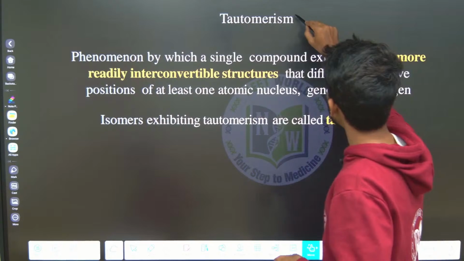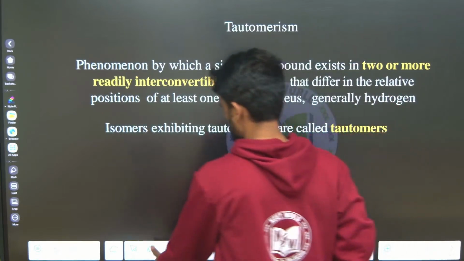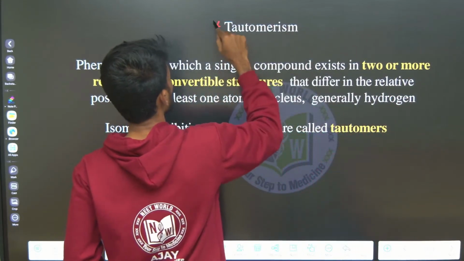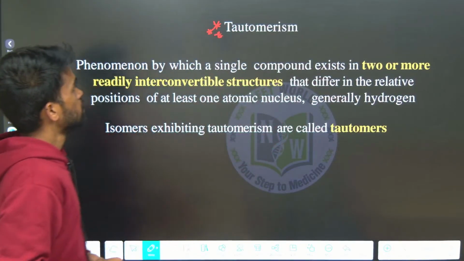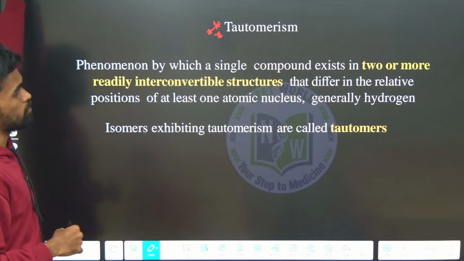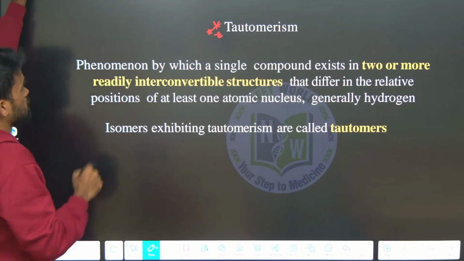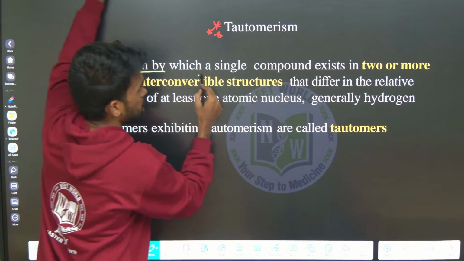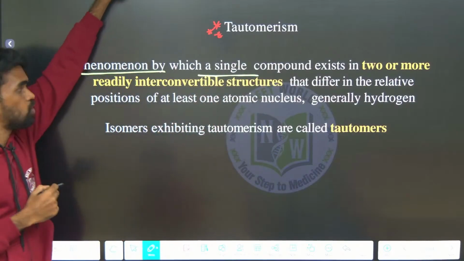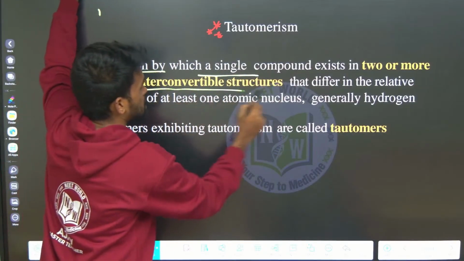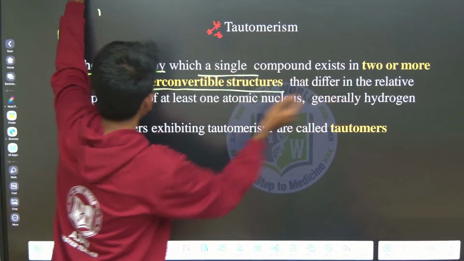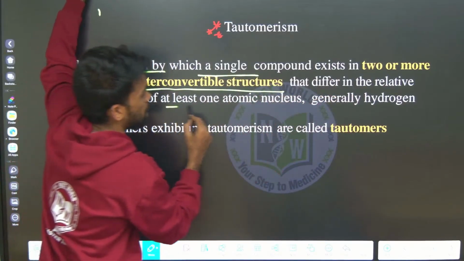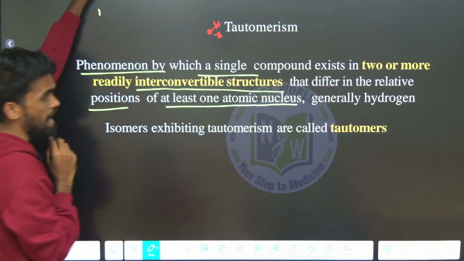One more important topic here is tautomerism. What do we mean by tautomerism? It is a phenomenon by which a single compound can exist in 2 or more interconvertible structures. They differ in the relative position of at least one atomic nucleus, generally a hydrogen atom.